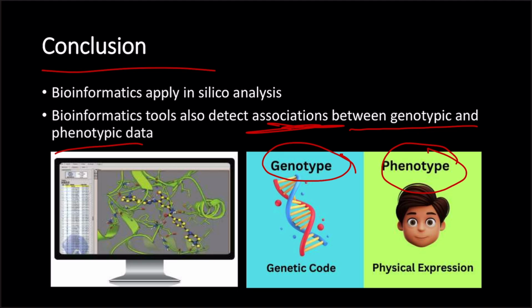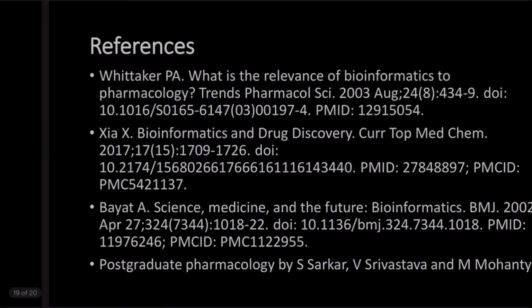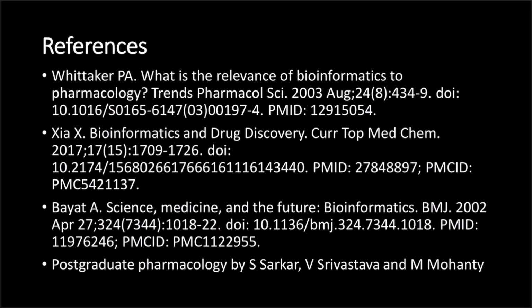It helps in advancing the translational sciences, that is, applying the knowledge we obtain from genomic studies in health and improving the healthcare of patients, and thus finally also helps in the development of personalized medicine. So this is the final conclusion of bioinformatics, and these are the references which I have gone through for making the presentation.